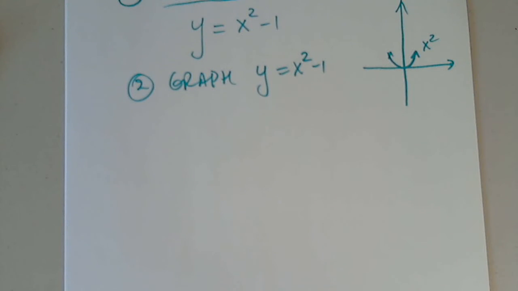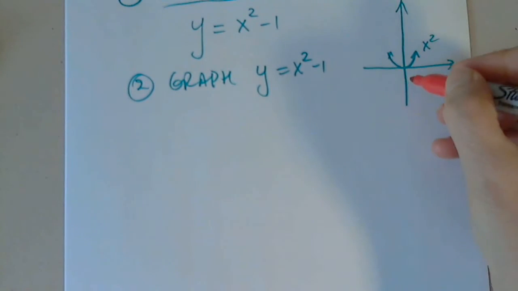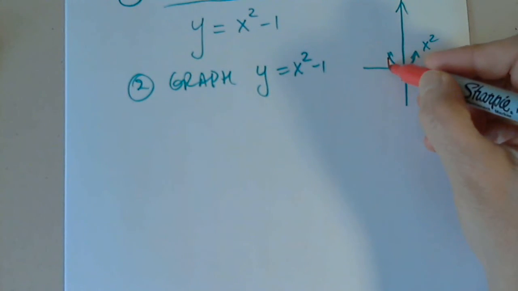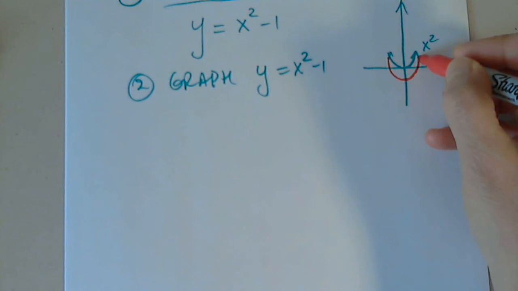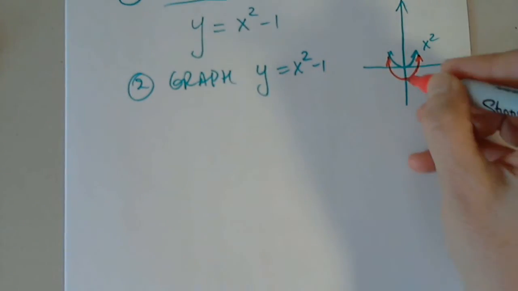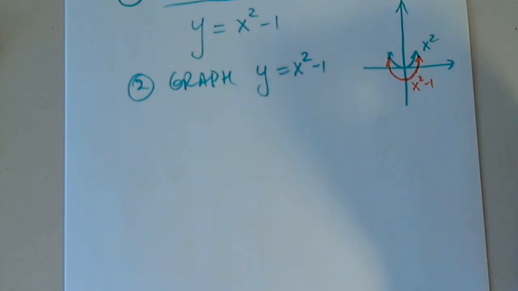Left, right, up, down. Anyone remembers? So I know that this is x squared minus 1, down 1.